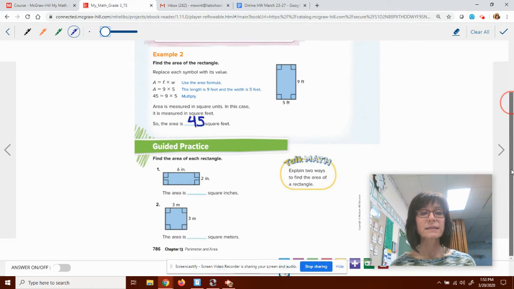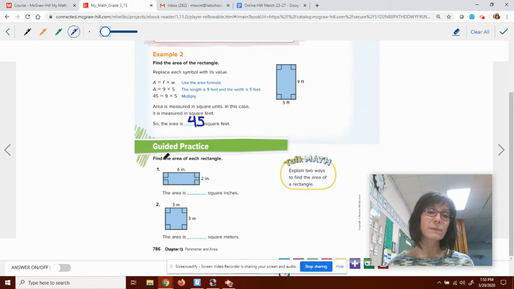Underneath guided practice, it says find the area of each rectangle. We've got a rectangle here with a length and a width. We have 6 times 2, or 2 times 6. Generally, when they ask for length, it's the longest number.